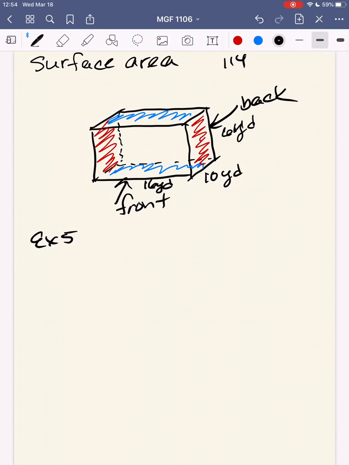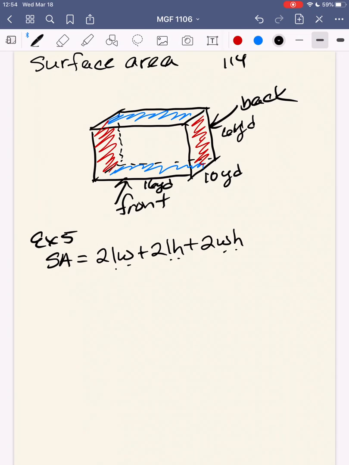Okay. And my formula for surface area for this particular one, because it's a rectangle, I have 2 times LW plus 2 times LH, plus 2 times WH. And what these represent is length and width, length and height, and width and height.